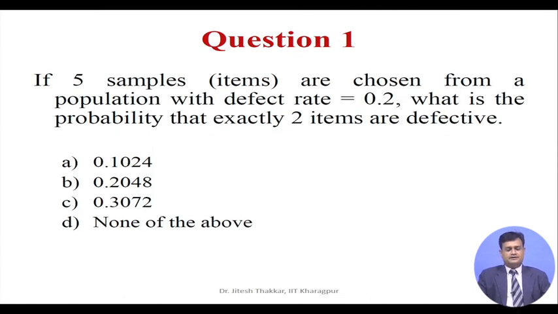Question 1. If 5 samples or items are chosen from a population with defect rate 0.2, what is the probability that exactly 2 items are defective? So, you can think about the distribution appropriate and make use of these values in order to find the correct answer.